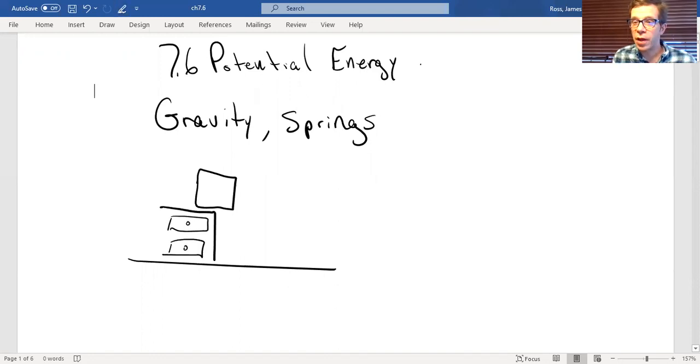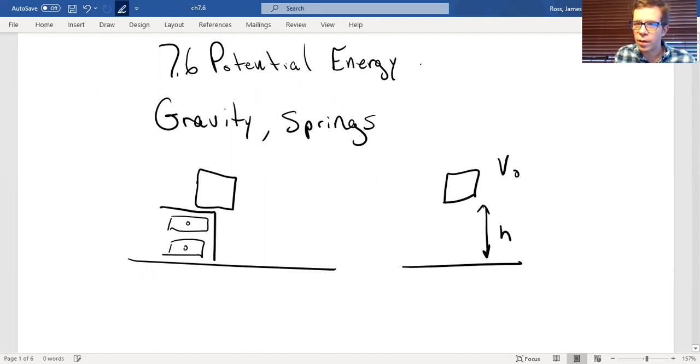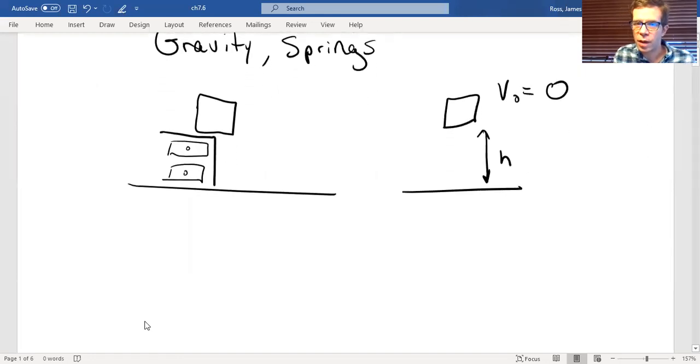And if left there, it falls off, right? So the question that you may ask is, if I have this object here at some height, and it starts with a 0 initial velocity, how much kinetic energy does it have when it hits the ground?